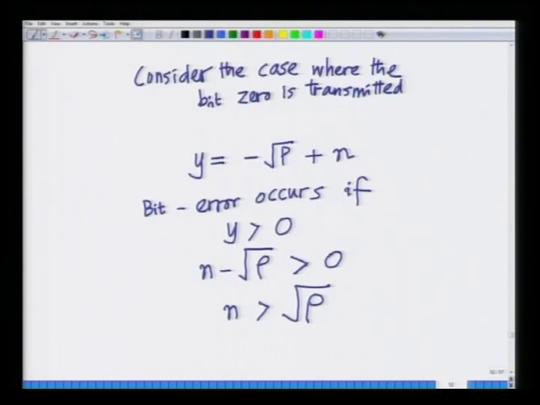What I am saying here is, in this situation a bit error occurs if n is greater than square root of p, because it will be decoded as corresponding to 1, and the other case with respect to 1 is symmetric in the sense that a bit error will occur if n is less than minus square root of p. Right. So, these are symmetric, and that is why I am analyzing only one of the scenarios.